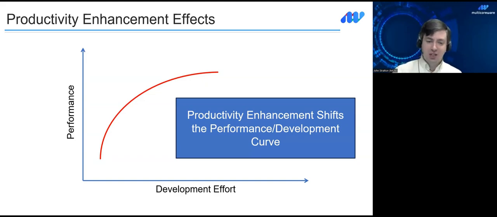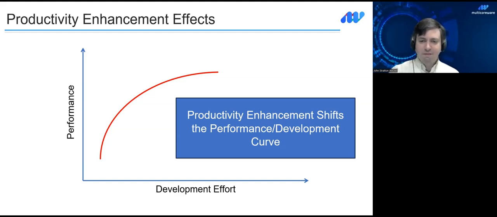You're shifting it to the left, where the same development effort gets you increased performance results because you're more productive. You effectively get a larger multiplier on your development effort than you did before, which means for the same development effort, you can get a higher amount of performance.